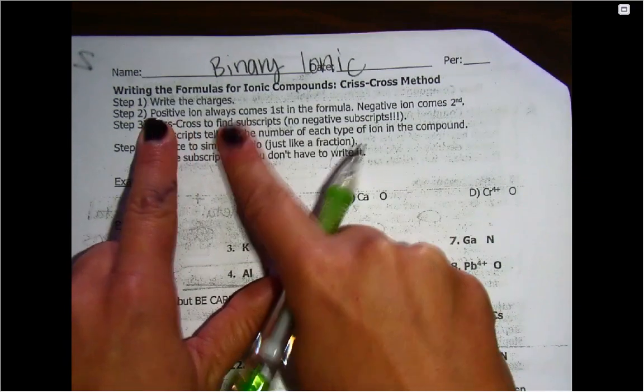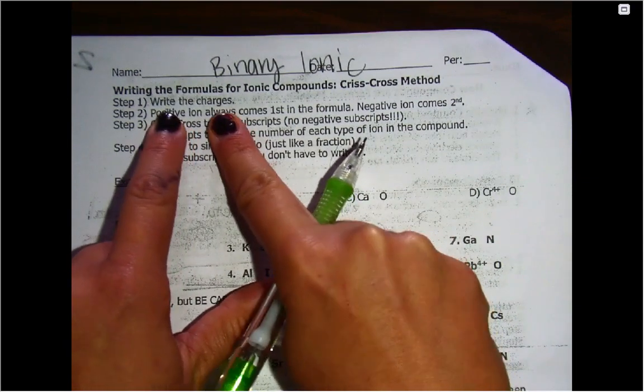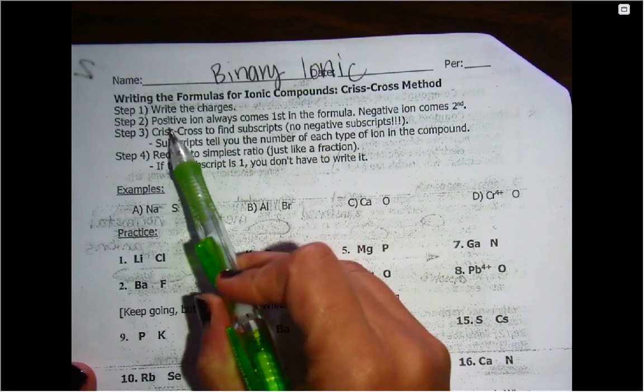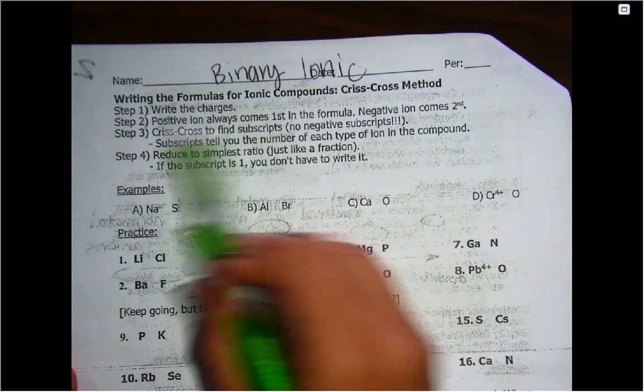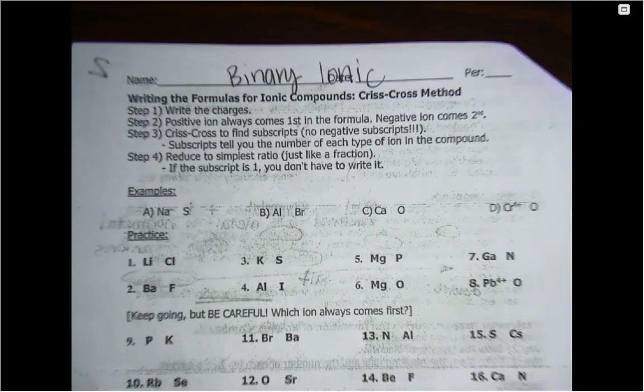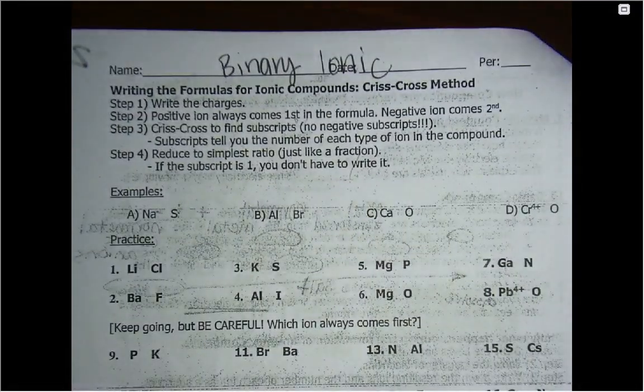You'll see it later. All right, so first thing that you start with is you're going to write the charges. So instead of drawing out the electron dot notation, you're just going to write the little charge above each one, okay? Then you're going to always write your positive ion first. So positive ions or cations, is that your metal or your nonmetal? Who are the electrons always going from and to? They were always going from the metals, right?